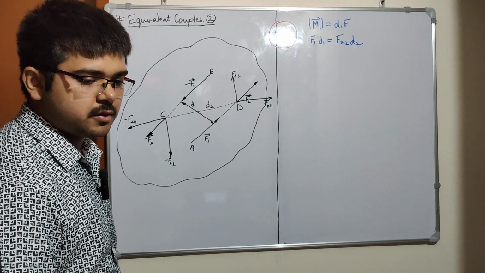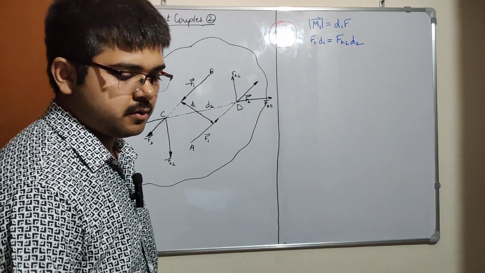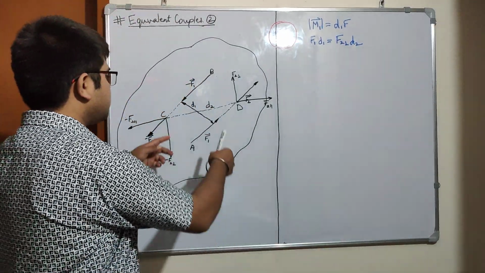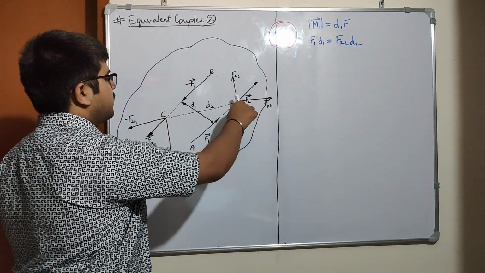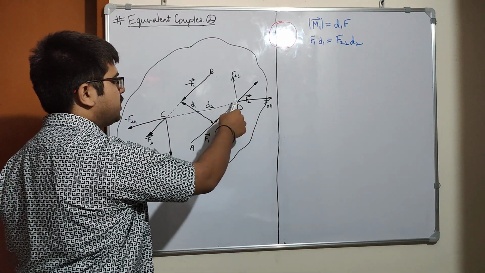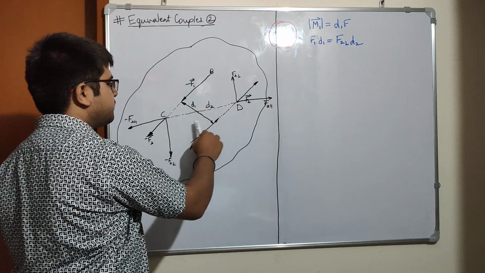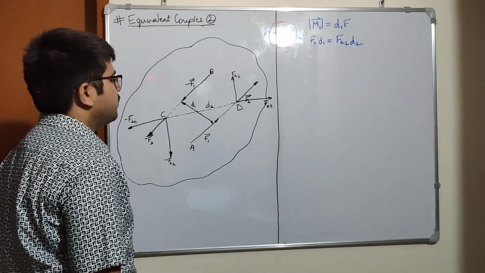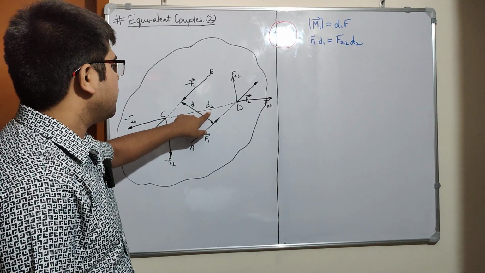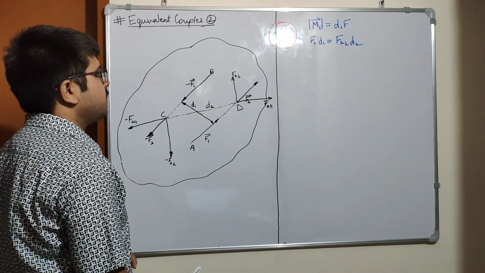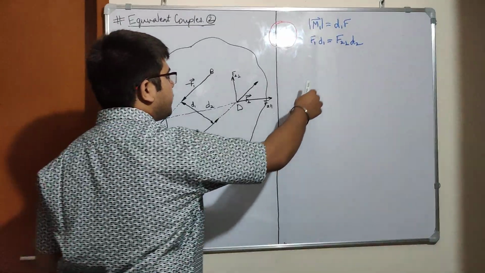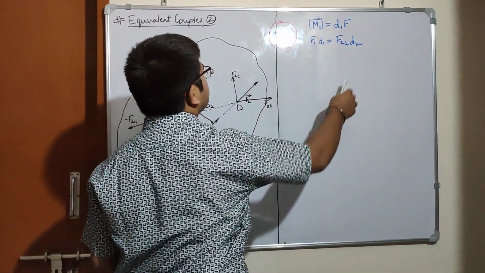As these vectors go farther apart, these components will become smaller and smaller, and this distance D2 will become bigger and bigger, and the moment that F1 D1 has will be the same as the moment F2 perpendicular D2.